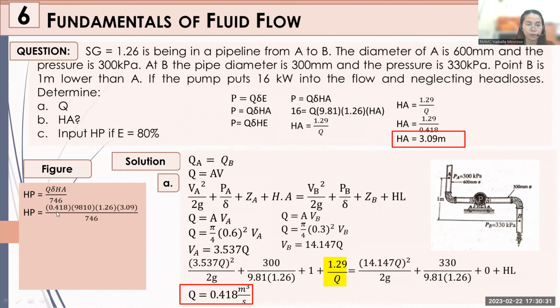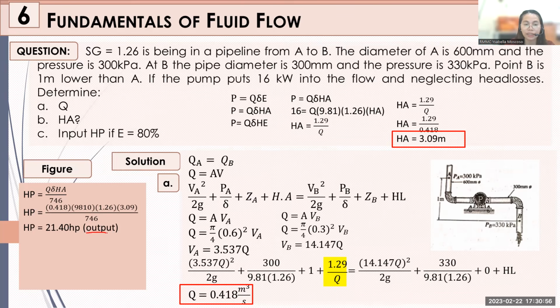746. So the Q is 0.418, gamma is 9,810 times 1.26. This is in terms of newtons, so we use 9,810. Times the value of your HA, which is 3.09, divided by 746. And you have here HP is equal to 21.408.